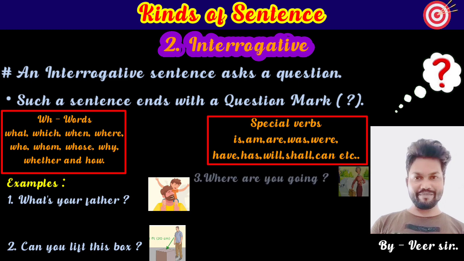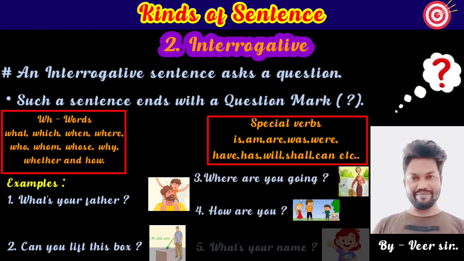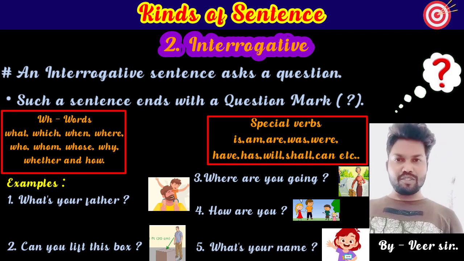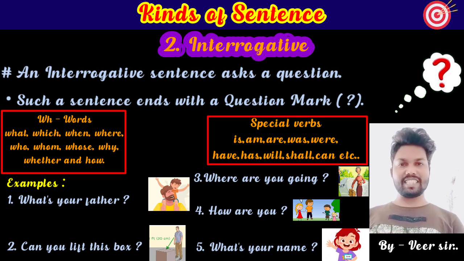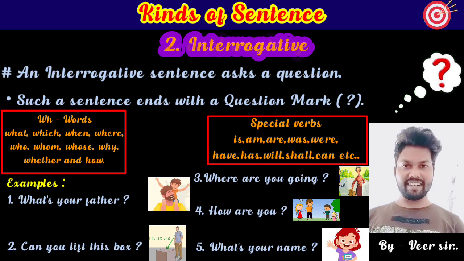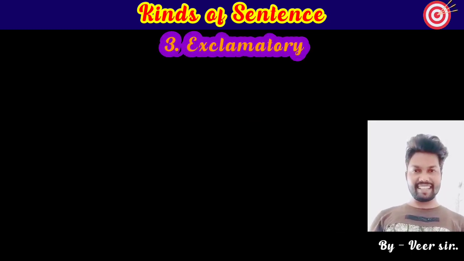Where are you going? How are you? What's your name? So it's very easy to identify such type of sentence like an interrogative sentence, which is always ending with a question mark. Is it clear? Okay. Now move towards the next type of sentence, and that is an exclamatory sentence.